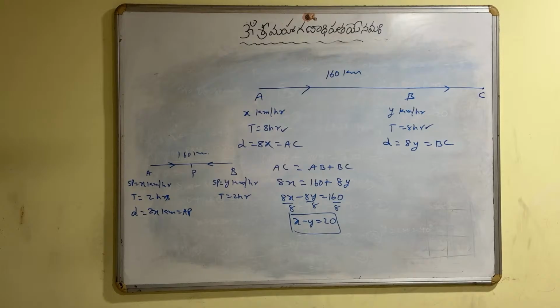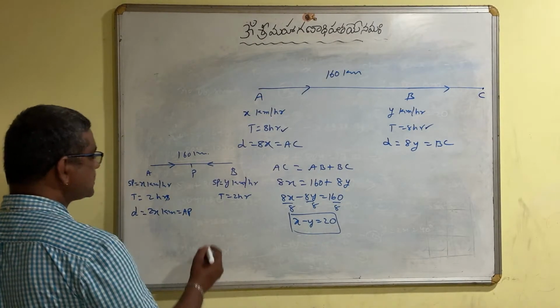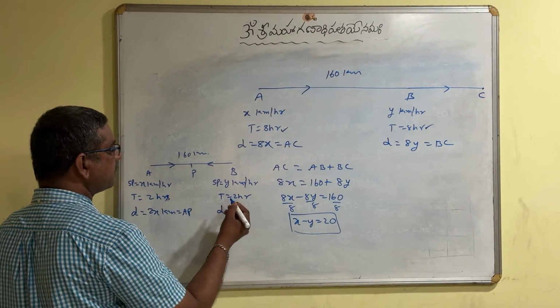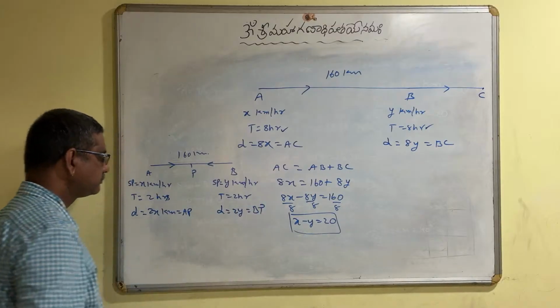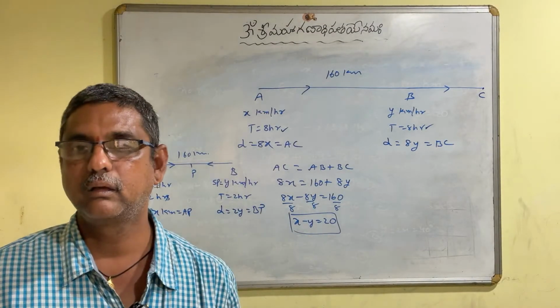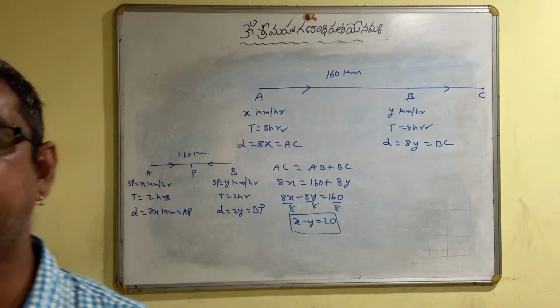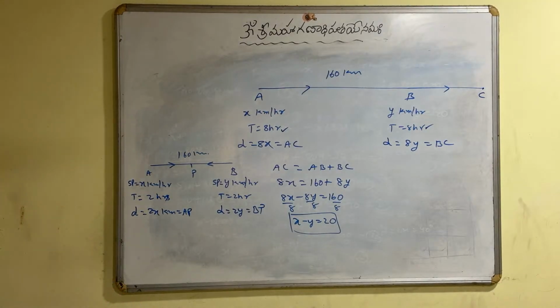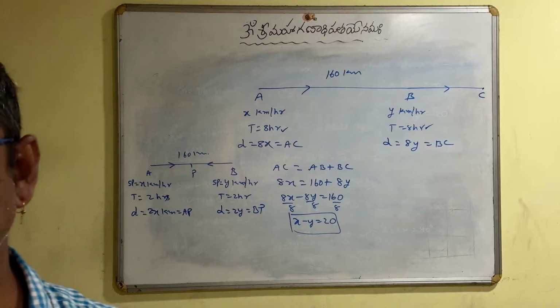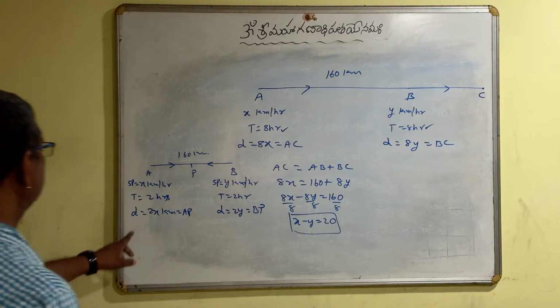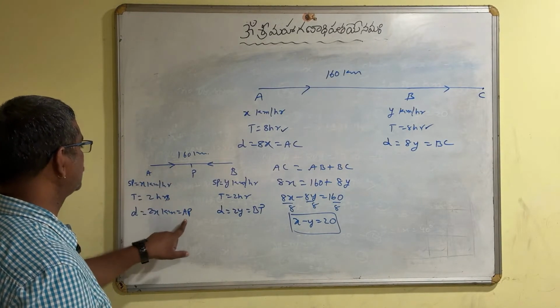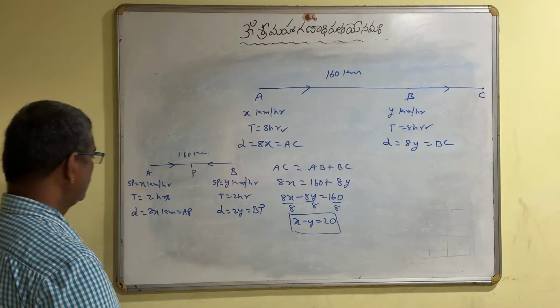Can I say it as AP? Now, distance traveled by the car starting from B is 2y, which is BP. Distance traveled by the car starting from A is 2x kilometers. Distance traveled by the car starting from B is 2y kilometers. We can say this distance is AP, PB.